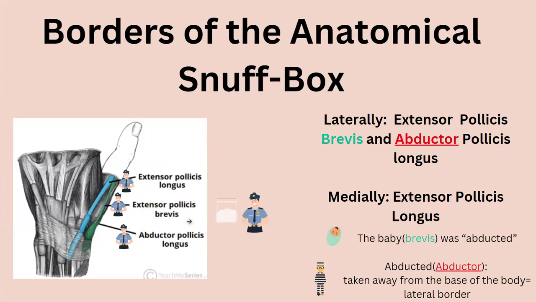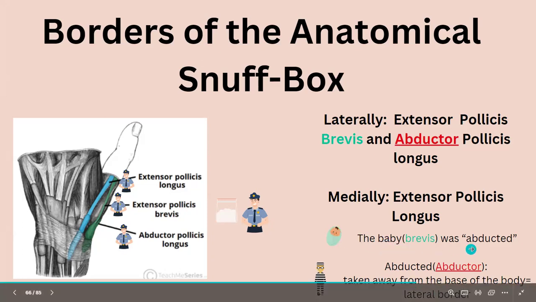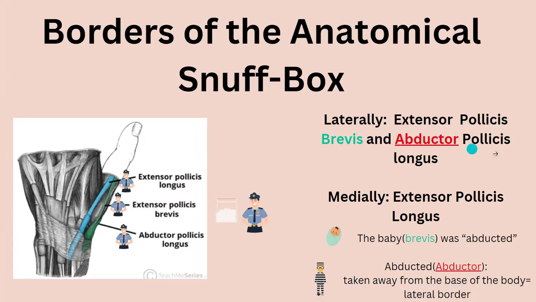So, a way I remembered this, I know I told you guys that pollicis does not mean police. That really sticks in your mind as a policeman. So, I just memorized this like a case of abduction. So, a baby, brevis, was abducted by the abductor pollicis longus. So the brevis was abducted. So extensor pollicis brevis and abductor pollicis longus abducted from the base of the body. So they're going laterally. And the remaining muscle, the extensor pollicis longus, is on the medial side.